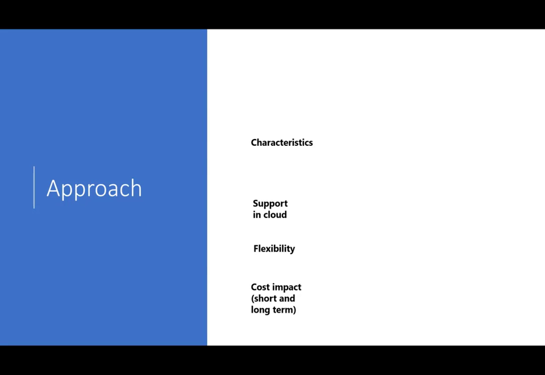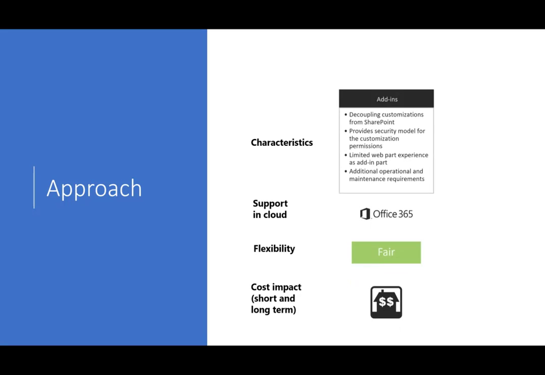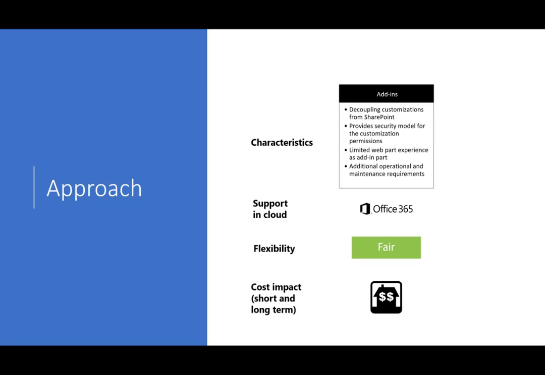Now let's look at the different options or approaches we can provide in Office 365 for development. The first one is the add-ins model. The add-ins model is about customization from SharePoint or building components like Office add-ins, which will run in context of the application.